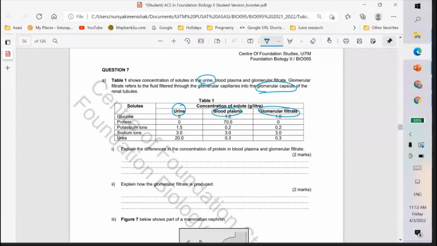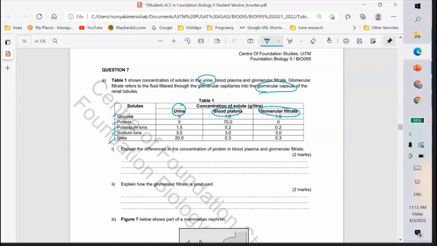So if you look at the table here, you have the fluids that contain solutes such as glucose, protein, potassium ion, sodium ion, and urea for all the three fluids: urine, blood plasma, and glomerular filtrate.